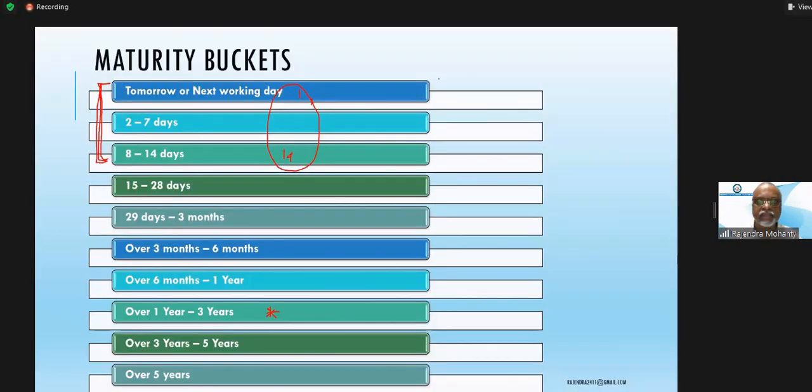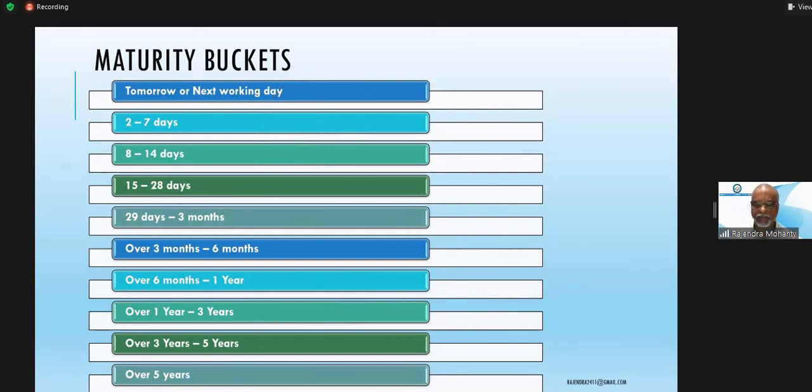You put the volatile portion here, which are volatile in nature, meaning withdrawable. So you can say that it is withdrawable from 1 day to 14 days. And which are not volatile, the stable or core portion, that has to be put under over 1 year to 3 years. Clear?